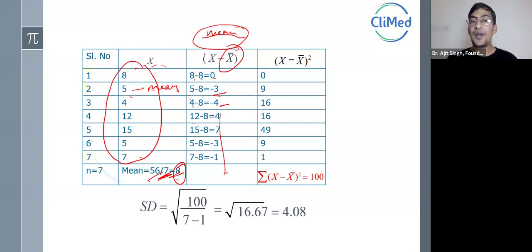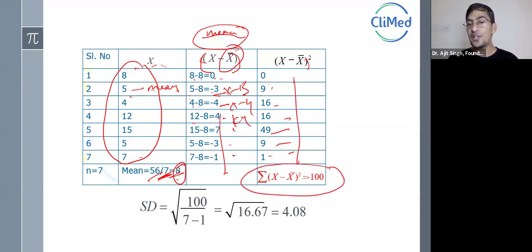Now square it. (x minus x bar) squared: 0 squared is 0, minus 3 times minus 3 is 9, minus 4 times minus 4 is 16, 4 times 4 is 16, 7 times 7 is 49, 3 times 3 is 9, 1 times 1 is 1. The total of these values, the sum of (x minus x bar) squared, is 100.